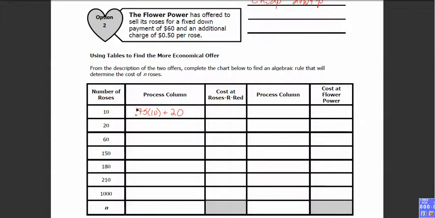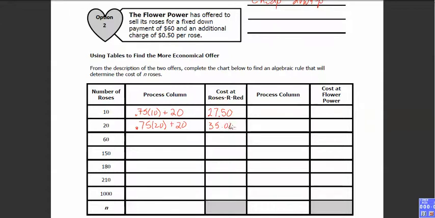All right, and so when we do that, we should get $27.50. And then we're going to do the same thing. So we'll do 75 cents for each of 20 roses, and then we'll add on the extra 20 at the end, which this time will be $35.